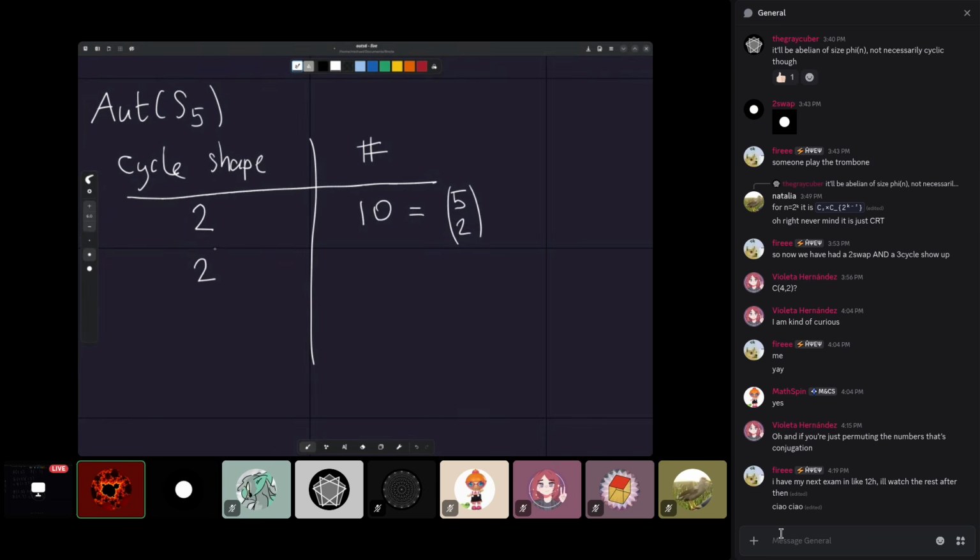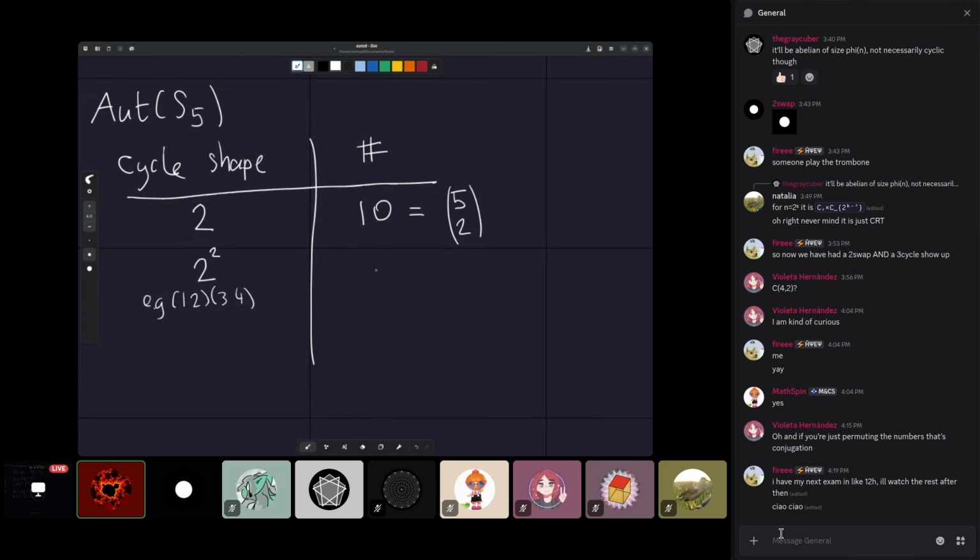Let's do all the cycle shapes that have order 2. That's all we need. And the only other one is 2, 2, e.g. two 2-cycles, because I know this notation is not necessarily standard everywhere. So how many of these are there in S5?